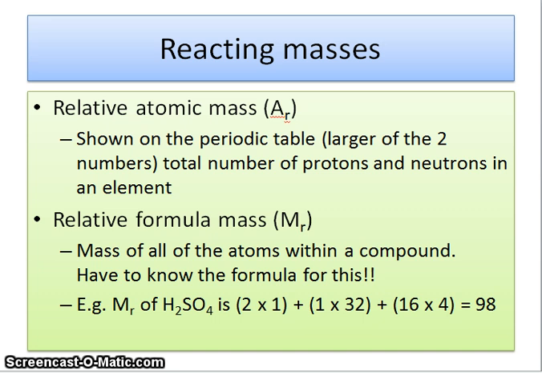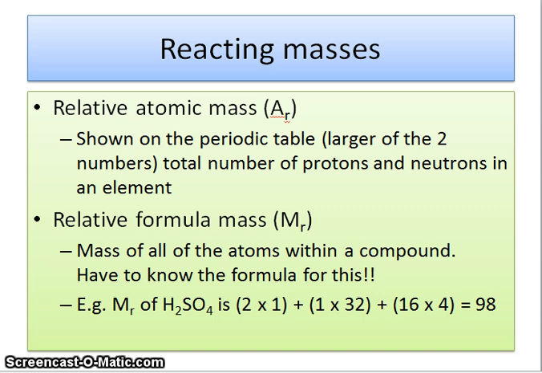This tells me I've got 2 particles of hydrogen, 1 of sulfur and 4 of oxygen. To work out the mass, I'd look at my periodic table, and each of those elements has a mass number. I'd just take the mass number for each and add them all up.